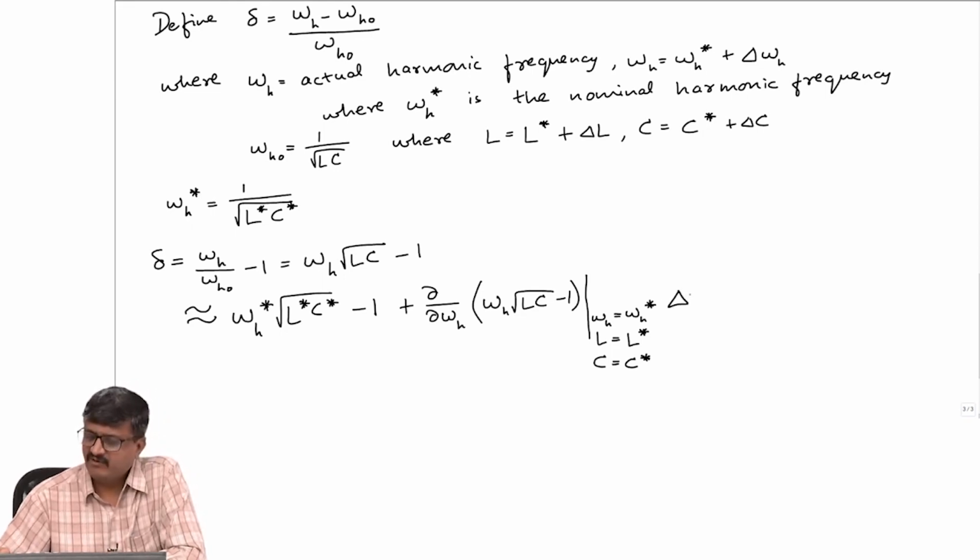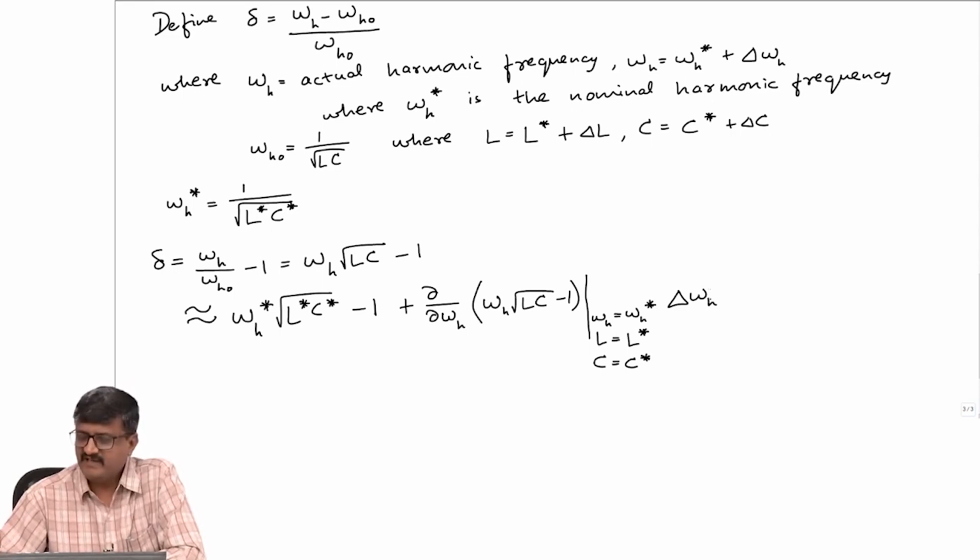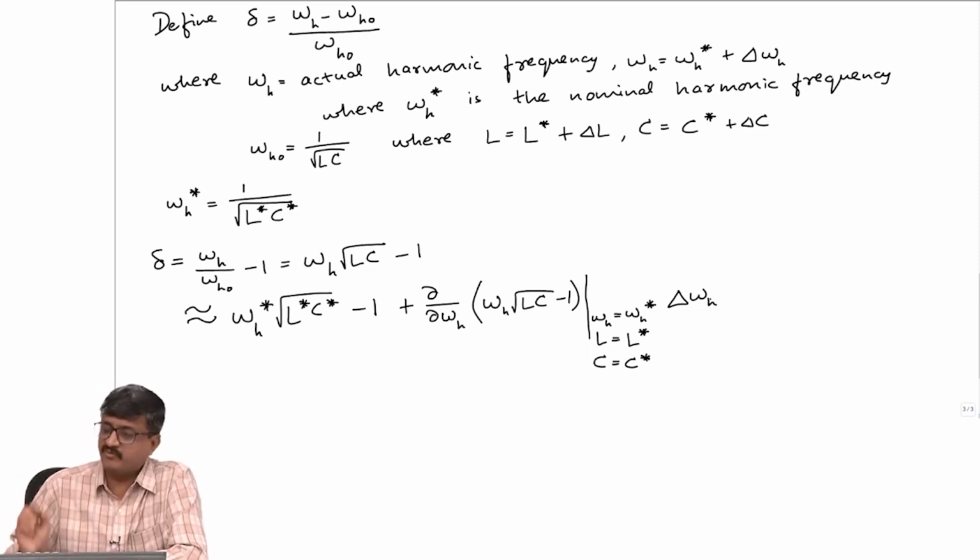Delta omega H is nothing but omega H minus omega H star. So, when I say delta omega H, it actually means omega H minus omega H star. Okay. So, that is the partial derivative with respect to omega H.